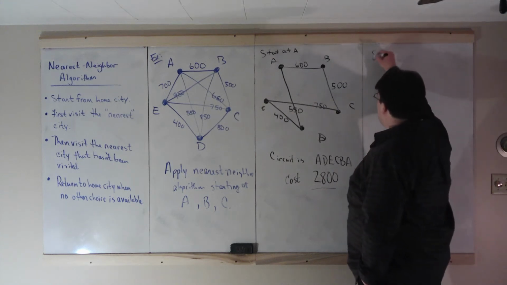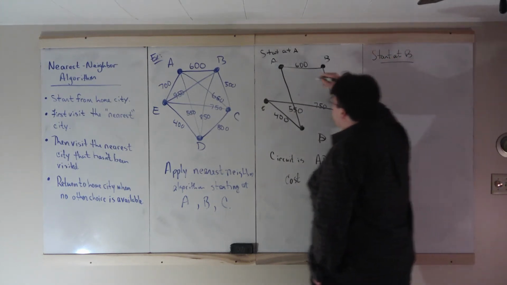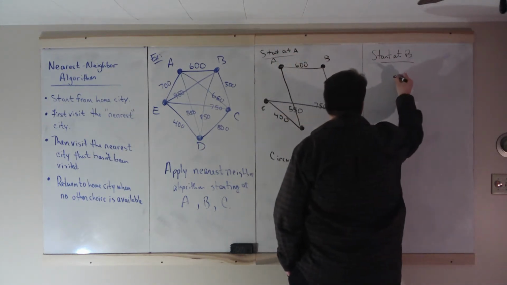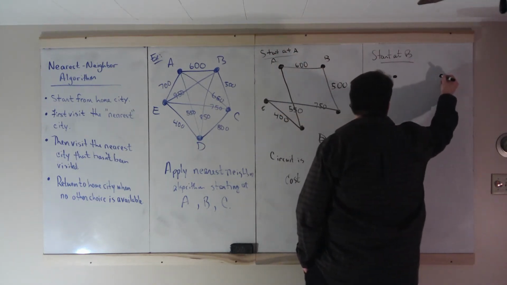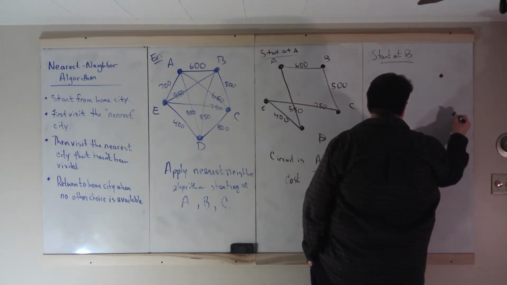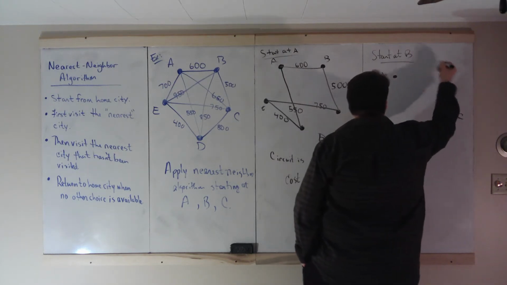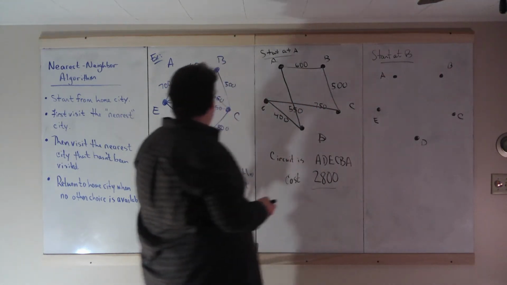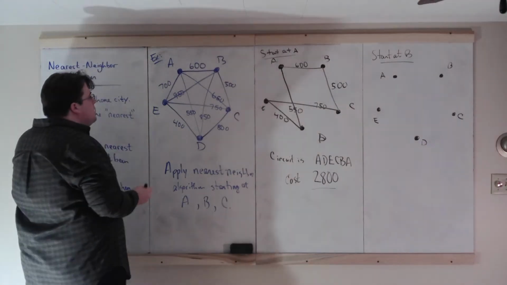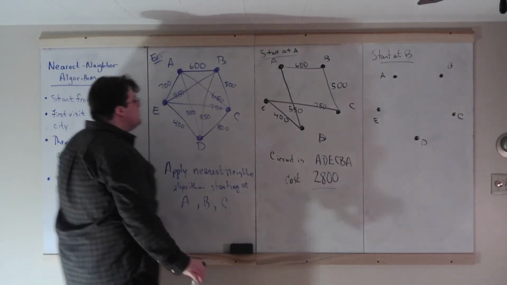What if we start at B? Start at B. Well, again, I'm going to draw out the vertices. Start at B. Well, what's the cheapest one from B? 600, 950, 850, 500.